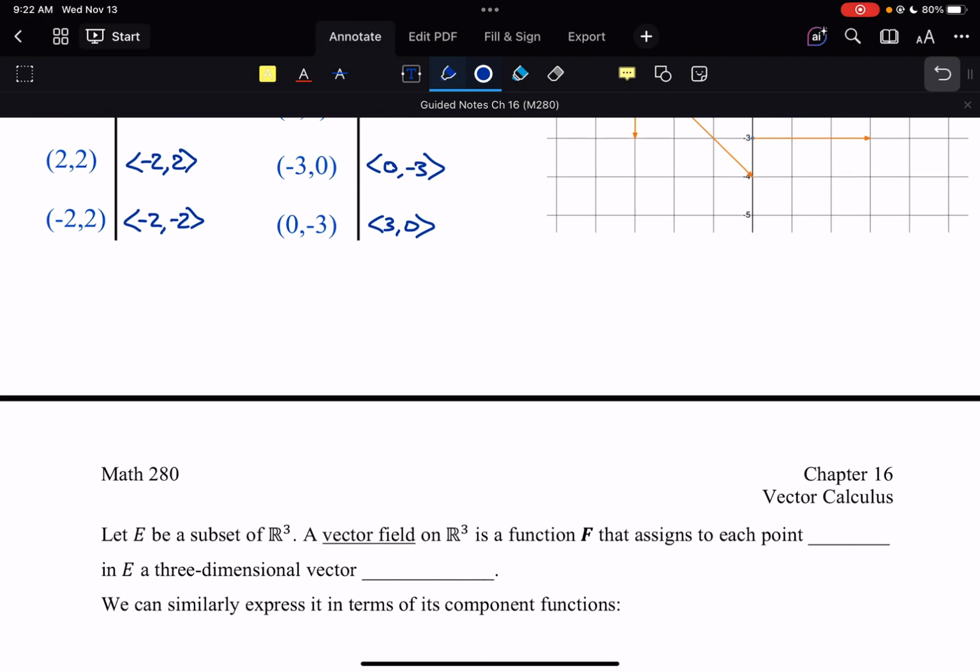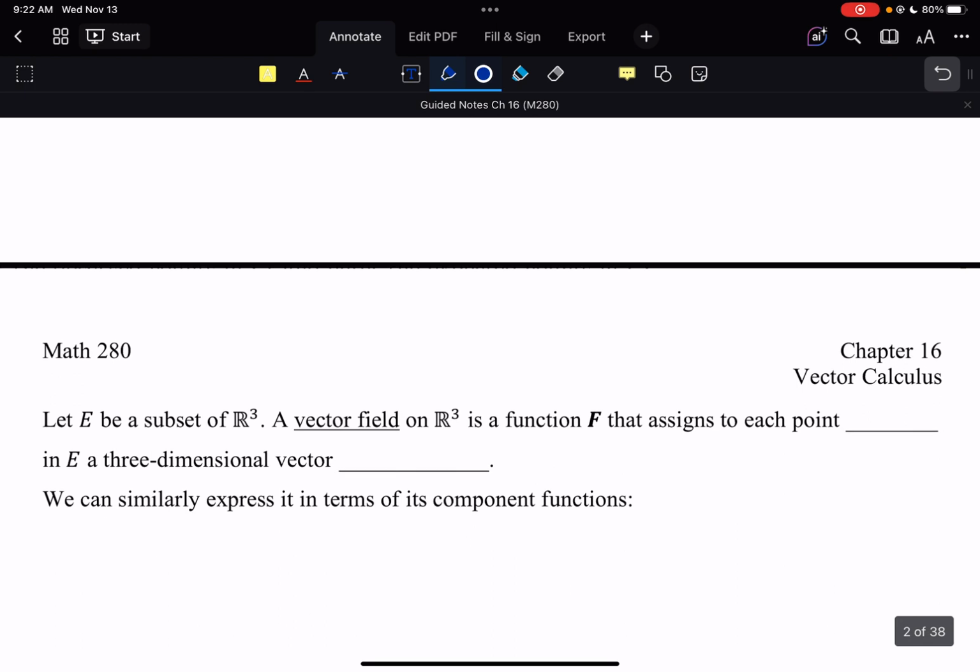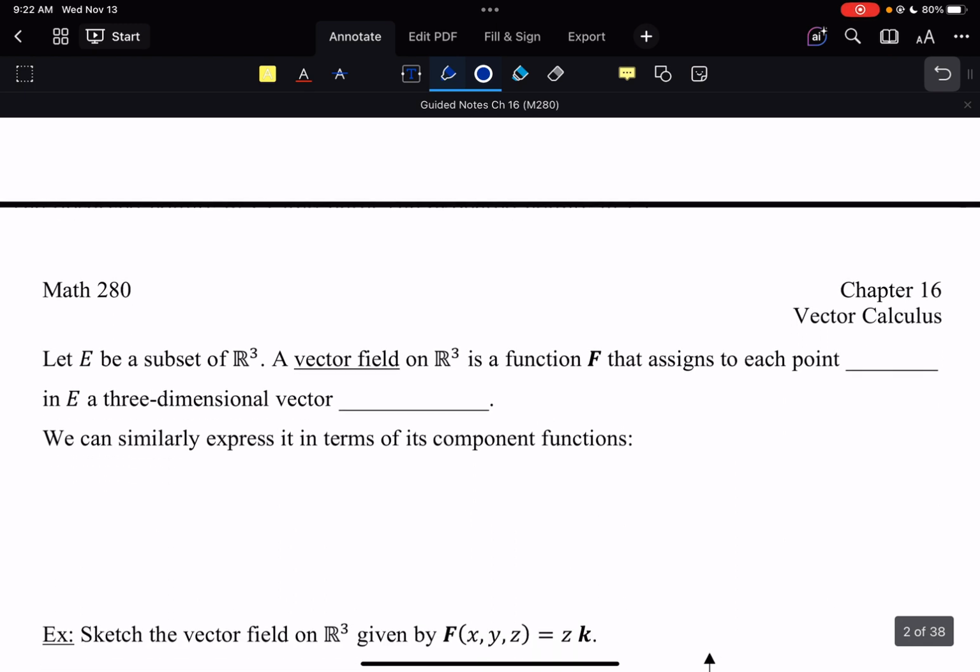So if we look at the top of the next page, vector fields can also apply in 3D. Let E be a subset of R3. A vector field on R3 is a function f that assigns to each point x, y, z in E a 3-dimensional vector f of x, y, z.